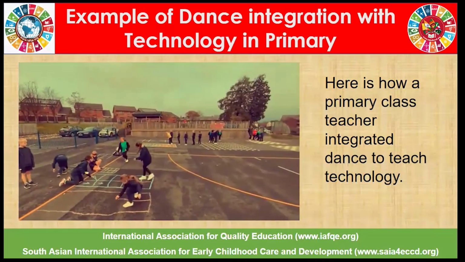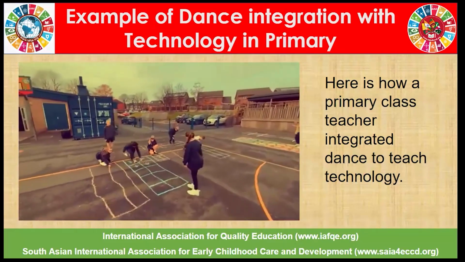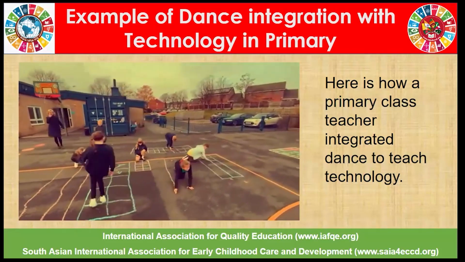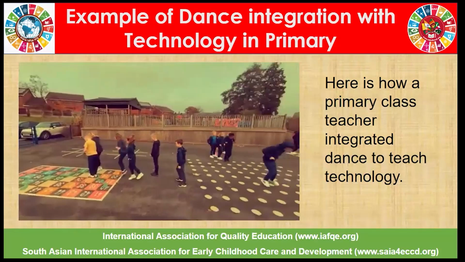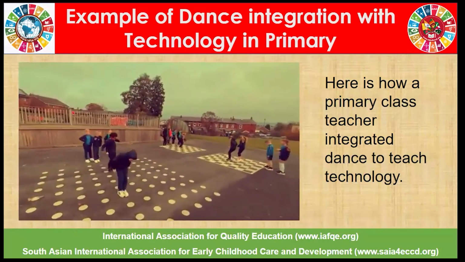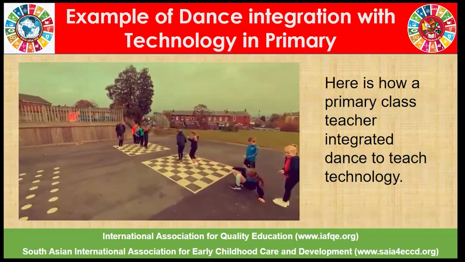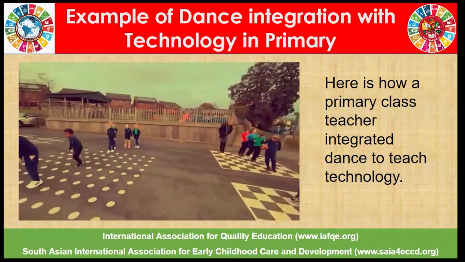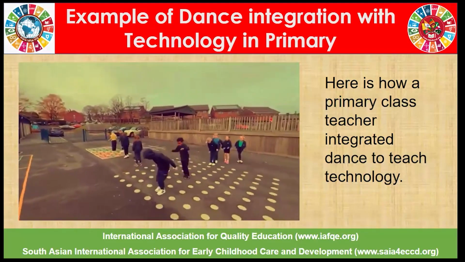Then the key bit is we had to go outside and try it. We had to try the dance. The children had to practice the dance moves based on the algorithm they had worked out. It was really interesting to see because some of them got it completely wrong and found it more difficult. Some of them used the squares and the floor just to practice and give it a go. It was really interesting to see them watch it happen. And I got them to use the words debugging and bugging and algorithms throughout this part of the session.